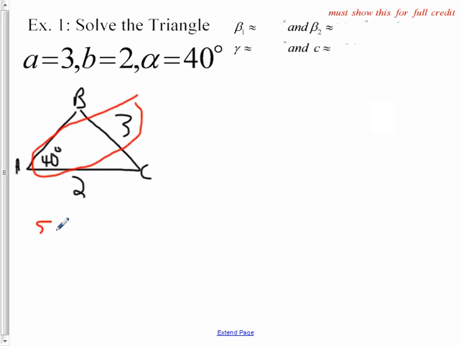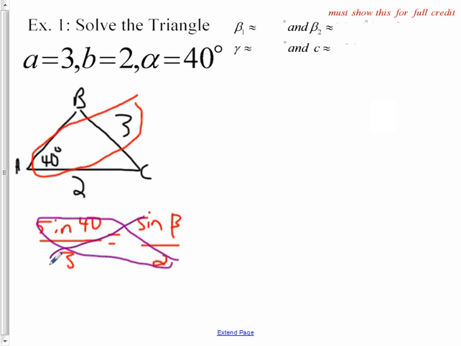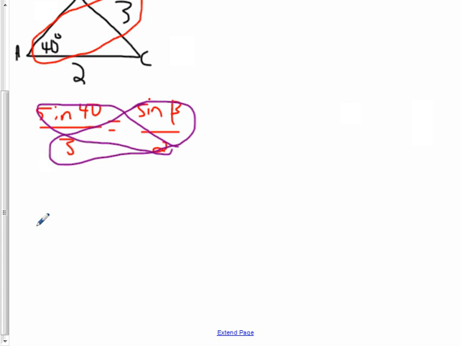But now we're trying to find this missing angle measure because we don't have anything else but this side length. So we're going to set up the sine of 40 over 3 equals the sine of angle B over 2. We're then going to cross multiply, and you'll get 2 sine of 40 equals 3 sine of beta.